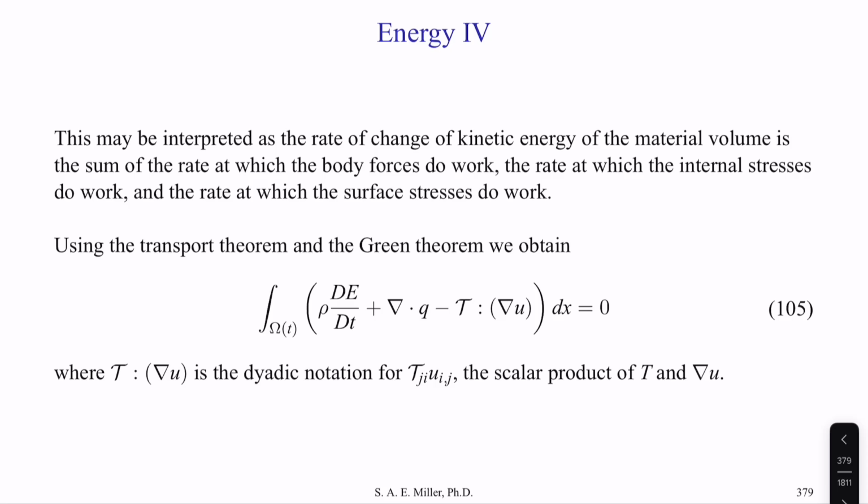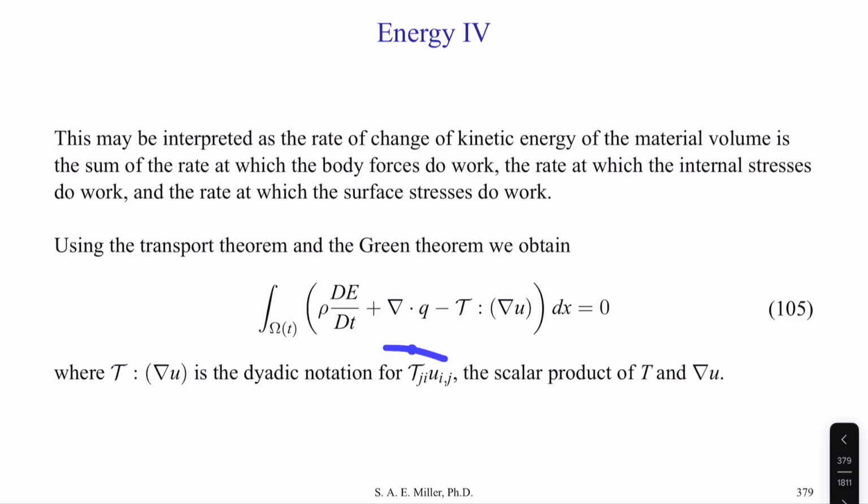If we use the transport theorem in conjunction with Green's theorem, we might obtain the following equation 105, which is a single volume integral of rho times the material or total derivative of the specific energy, plus nabla dot q, the divergence of the heat flux, minus tau, which we'll define in a second, with the dyadic of nabla u.